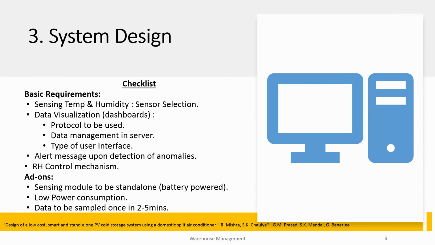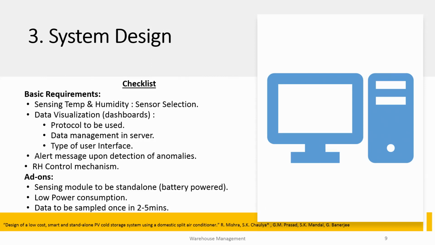Then of course you must be looking at the sensing module, which should be standalone and battery powered. Low power consumption is an important thing, it should have extremely low power consumption. And what should be the sampling frequency, should you sample every minute, one sample every 2 minutes, one sample between 0 and 5 minutes, what is it that you should do, right.